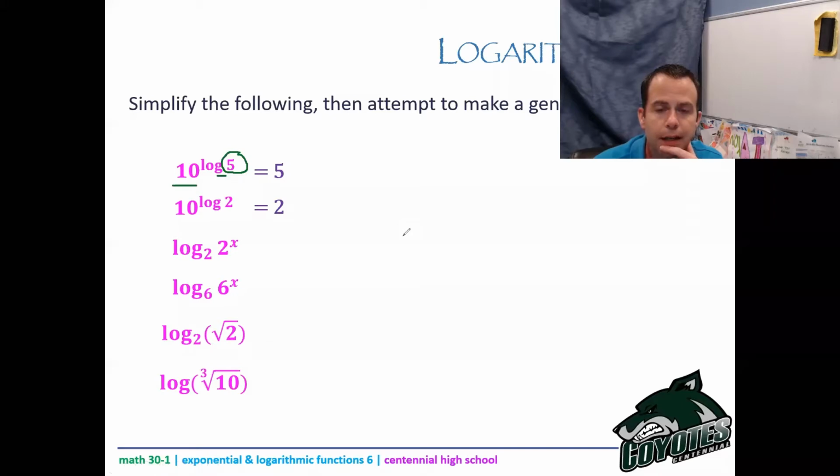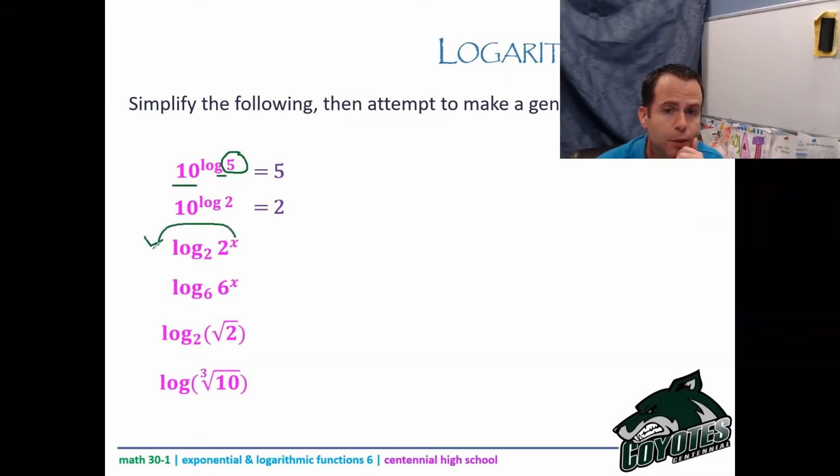The next one, log base 2 of 2 to the x is x. You couldn't put that in your calculator, but it shouldn't be a huge jump to say that that equals x if you think about a couple of things. Number 1, we've already talked about the fact that we have a power law that can put that x to the front.